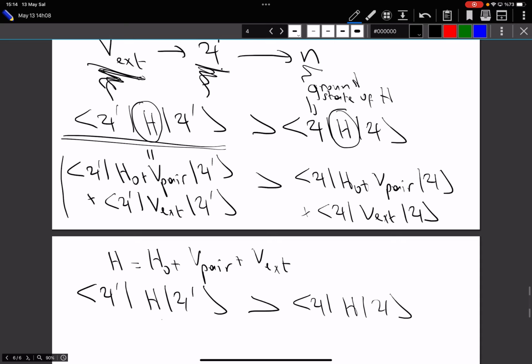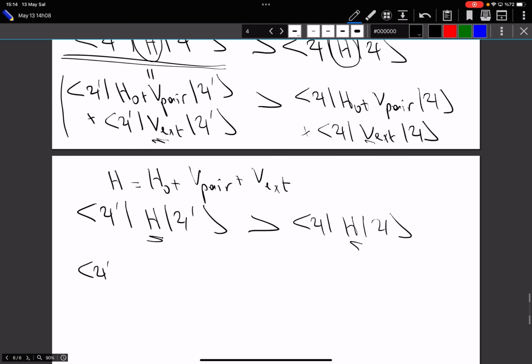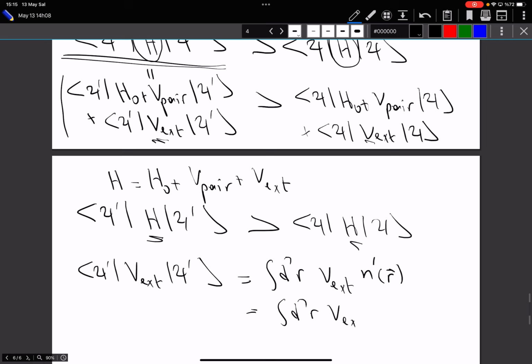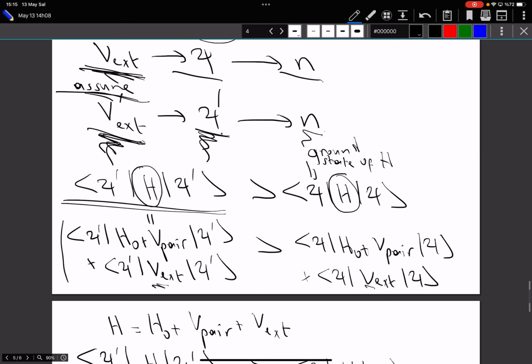It's the same H on both sides. So I have V external on both sides, but remember, psi prime V external psi prime is the integral d cubed r V external n prime of r. Let me put the prime. This is the density corresponding to psi prime. But I made the assumption that they are the same. This is my assumption.